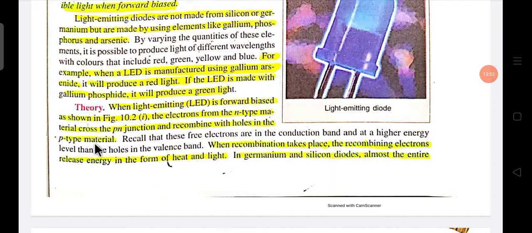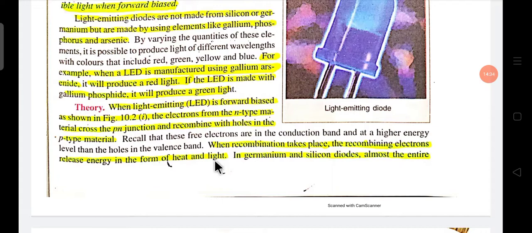Previously, in the p-n junction characteristics, we saw that in forward bias the electrons in the n type material cross the p-n junction and combine with holes in the p type material, and when the recombination takes place, the electrons release energy in the form of heat and light.